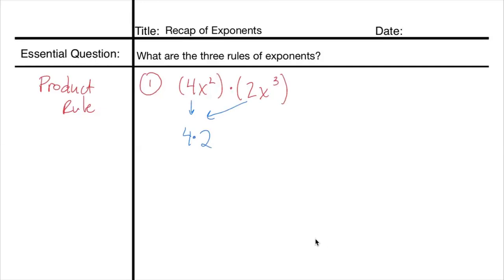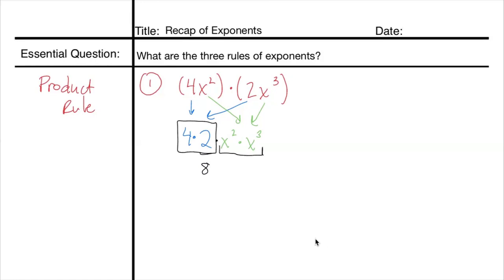And then we're going to take our two exponent numbers and bring those together as well. We're going to multiply x squared times x to the third. And so all of these are getting multiplied together. Now, I know how to multiply these. We've been doing that since third grade. 4 times 2, that's 8. These ones we just learned.